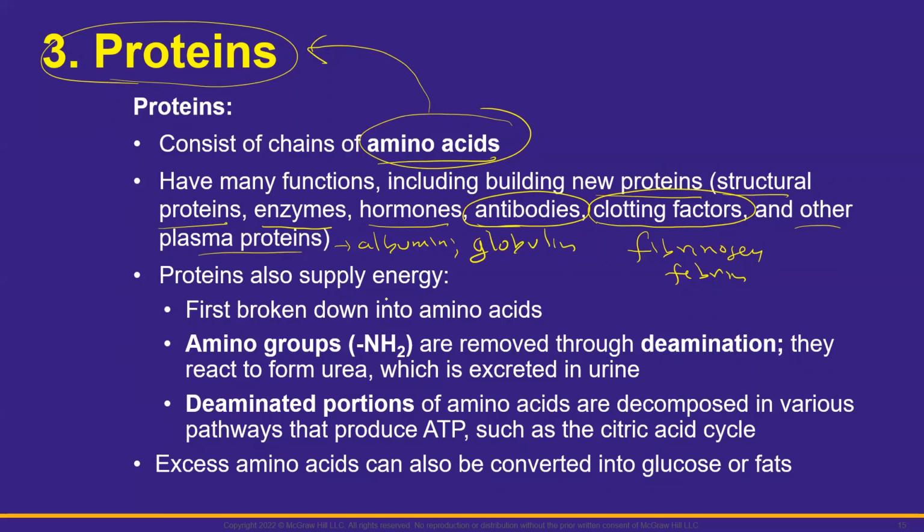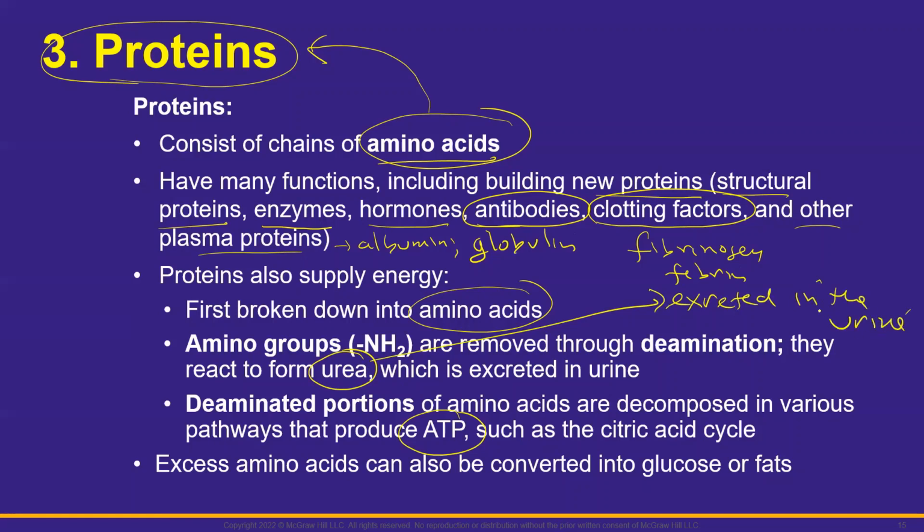Protein also supplies energy. So if we don't have enough glucose, then protein can be broken down into amino acids, and amino acids can be used for making ATP. This amino acid, when it is broken down, will produce a byproduct. It's called urea, and this urea will be excreted in the urine.